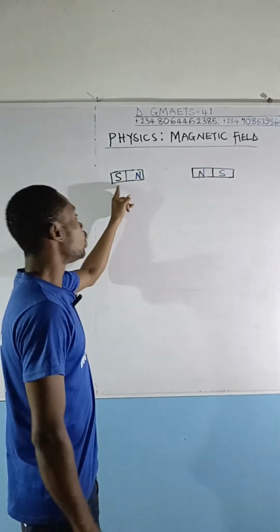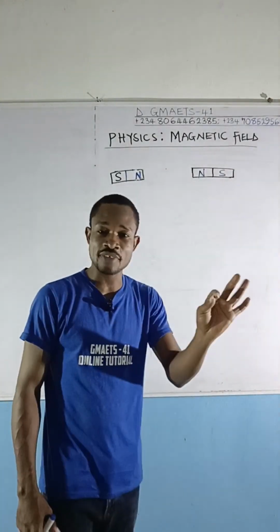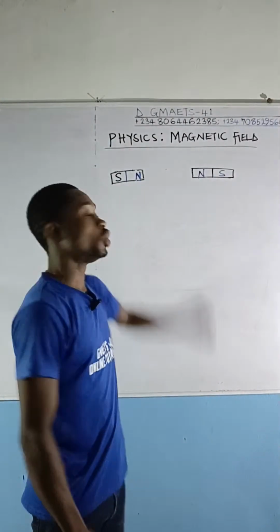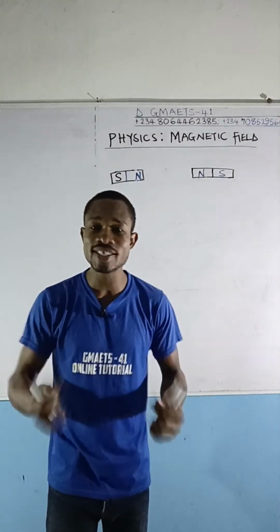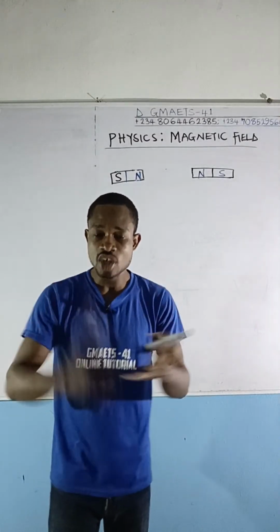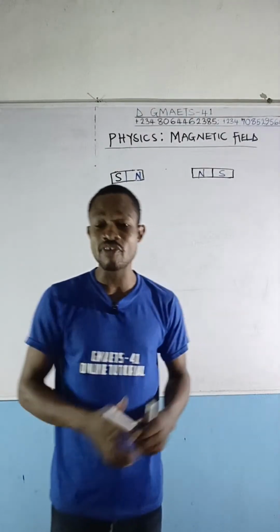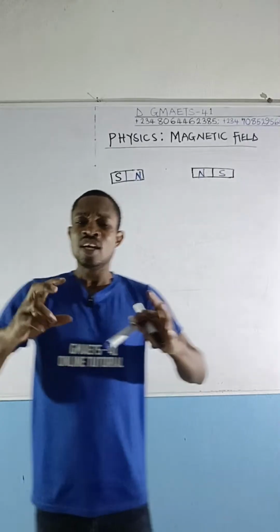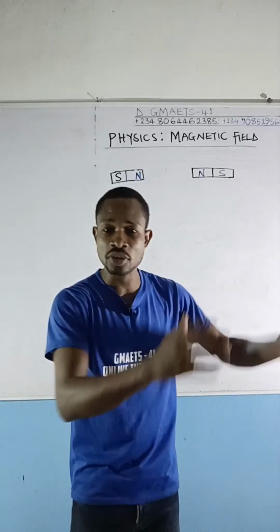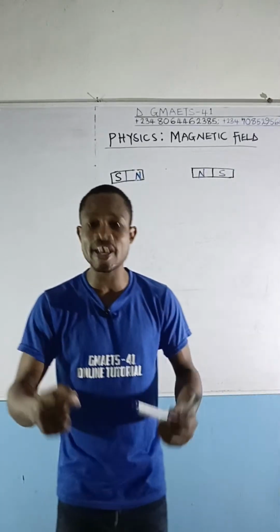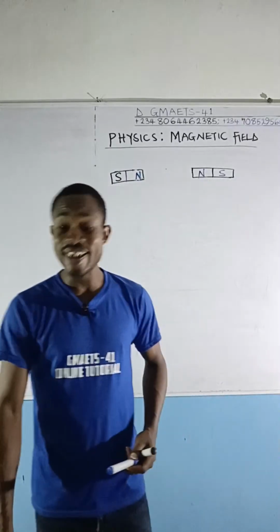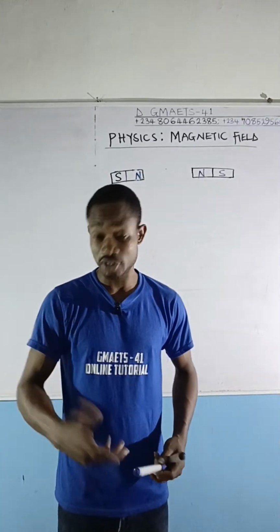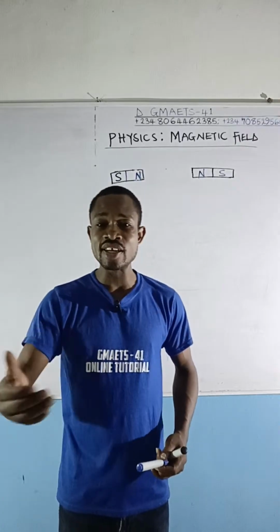The South pole behaves as negative terminal, while the North pole behaves as positive terminal. The North pole behaves as positive and the South pole behaves as what? Negative. You know, under electricity, electric field, you study electricity, you have charges, positive and negative charges.